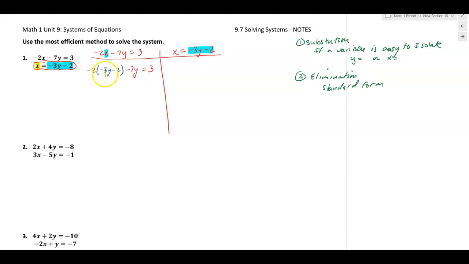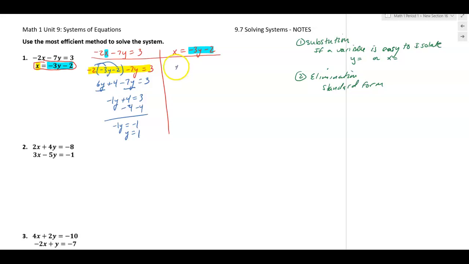Now I know I can take and solve this equation for y. So distribute: 6y plus 4 minus 7y equals 3. 6y minus 7y is negative 1y, plus 4 equals 3. Subtract 4, negative 1y equals negative 1. y is equal to 1.